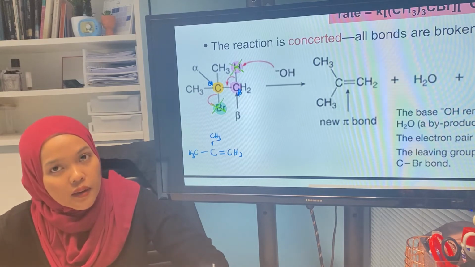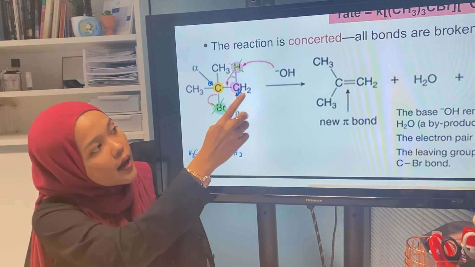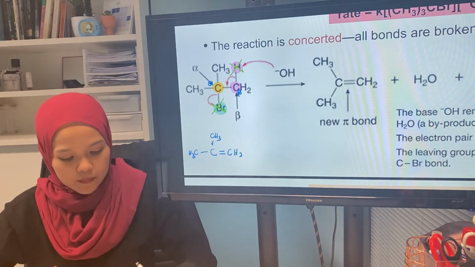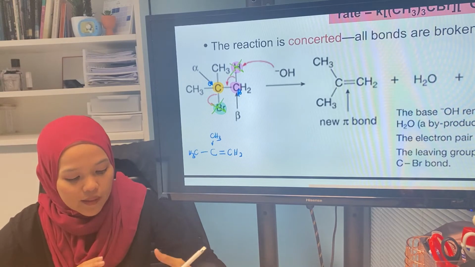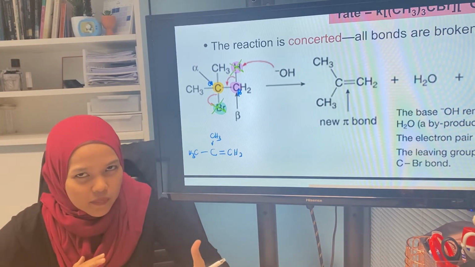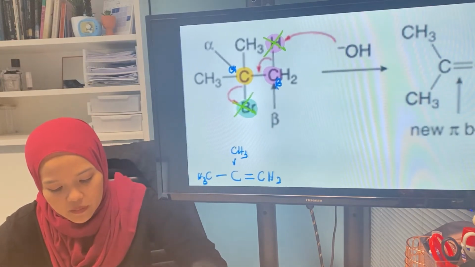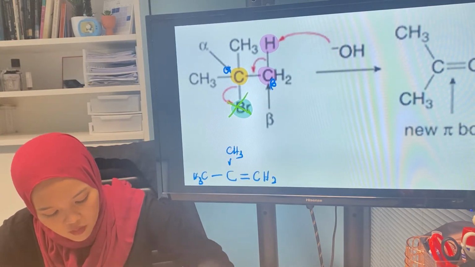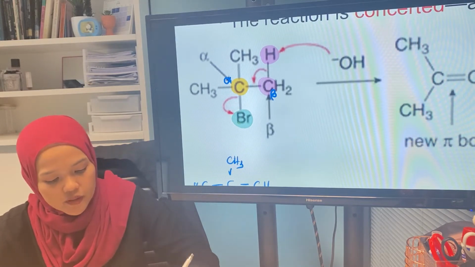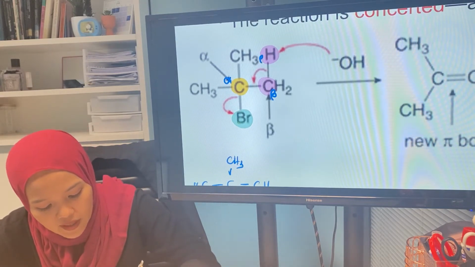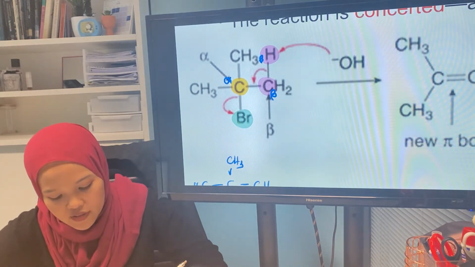Correct? Because remember, the pi bond is formed between the alpha and beta carbon. Now once you have predicted what the product could be, let us look at the mechanism step by step. So here, alpha and beta carbon. This is your beta hydrogen. So how is the reaction going to proceed?